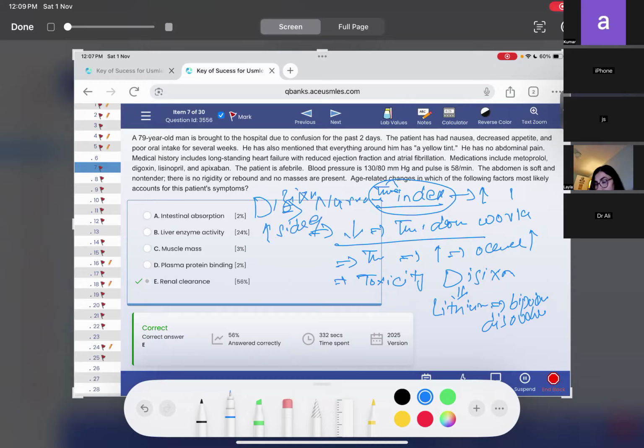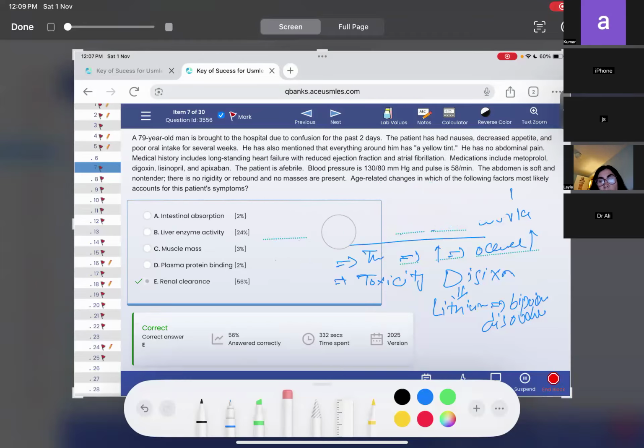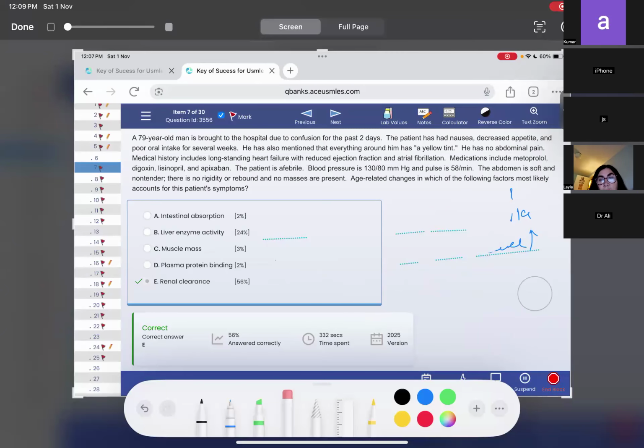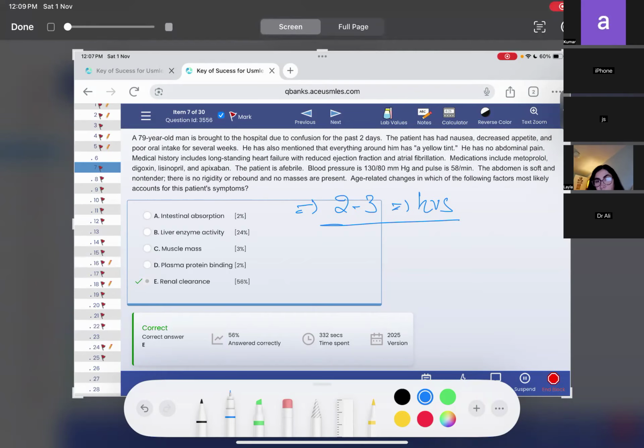It is also used nowadays in heart failure patients, so they ask about digoxin in a lot of questions. With very little study, around 2 to 3 hours, you can clear around 13 to 20 MCQs.